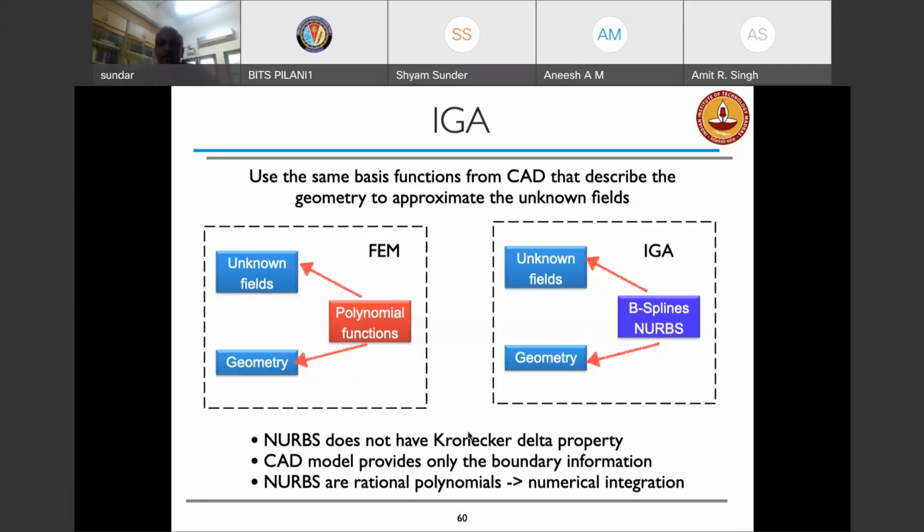That gives a very good approximation for your problem. And like I said, NURBS are rational polynomials. So the numerical integration schemes that we have work well for polynomials, not for rational polynomials, which implies numerical integration is now going to be a tricky task. So care has to be taken to integrate these functions efficiently.